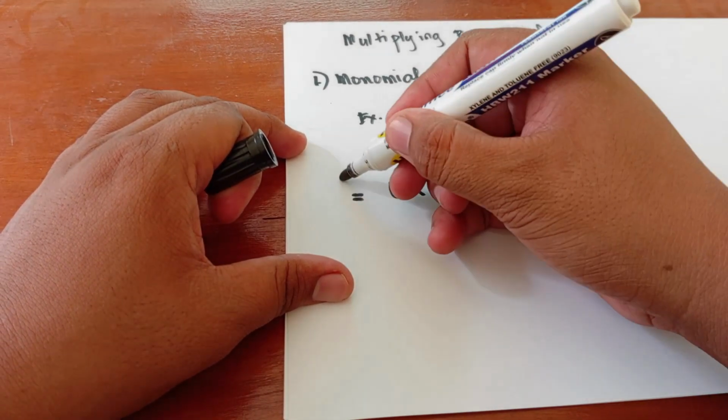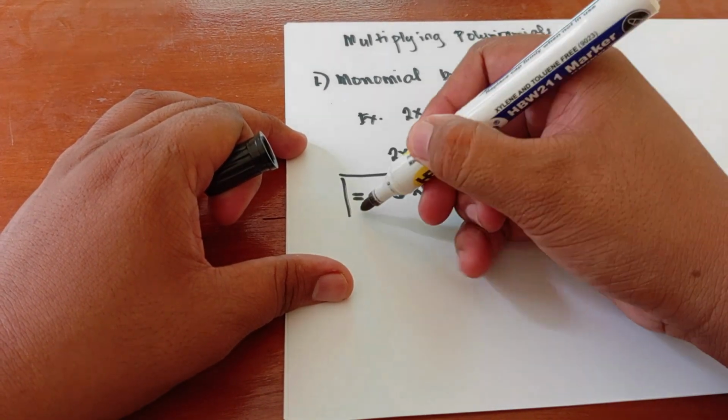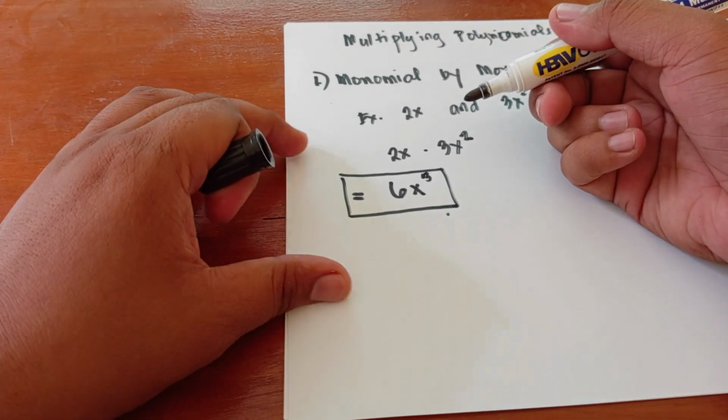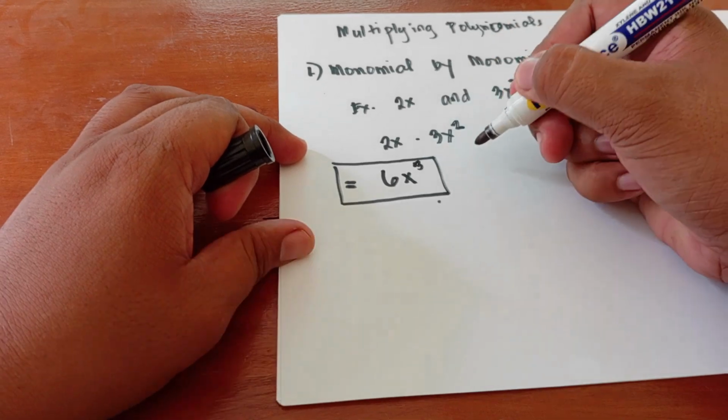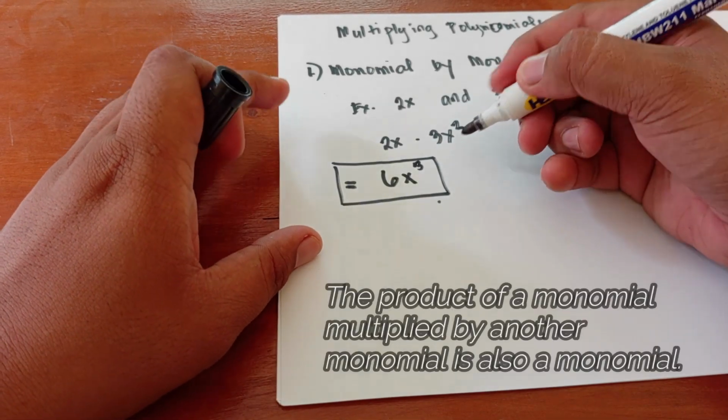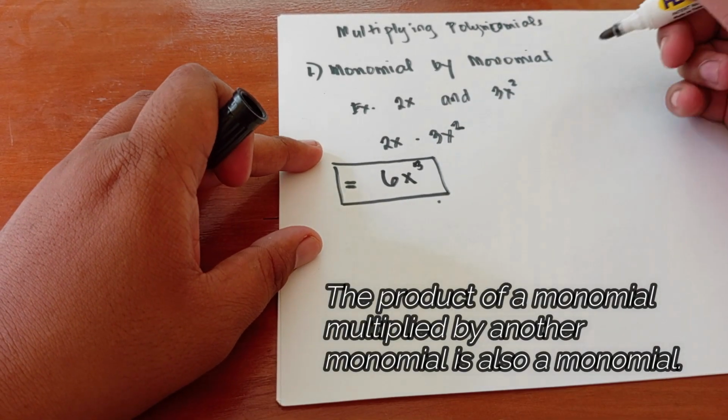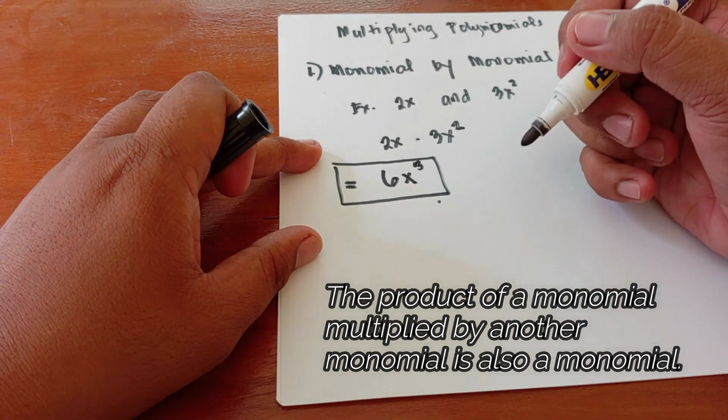Therefore the product of 2x times 3x squared is equal to 6x cubed. So we can say that the product of a monomial by a monomial is also a monomial.